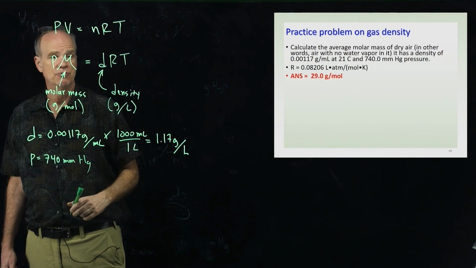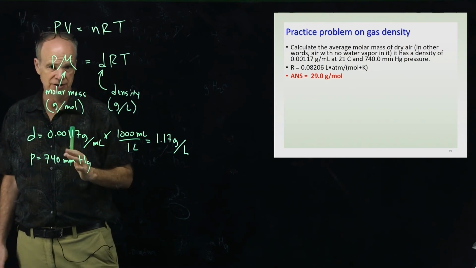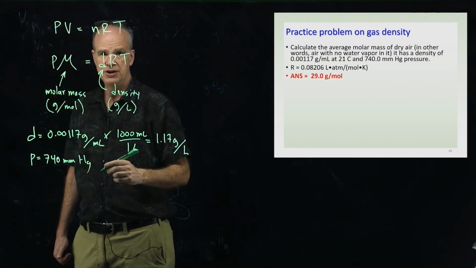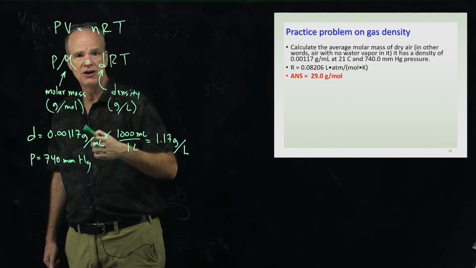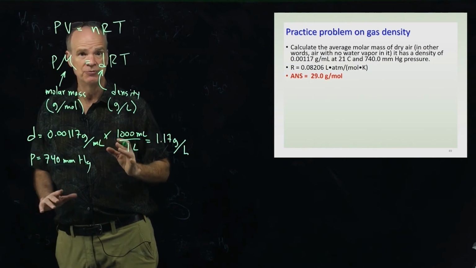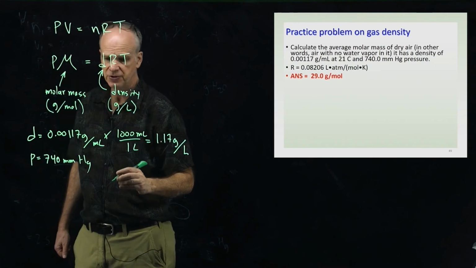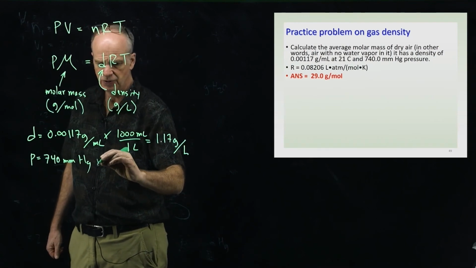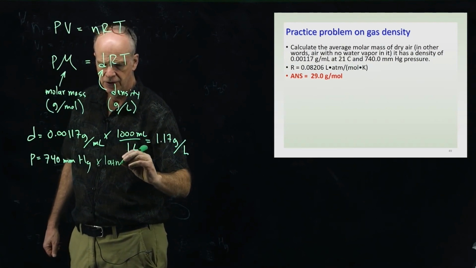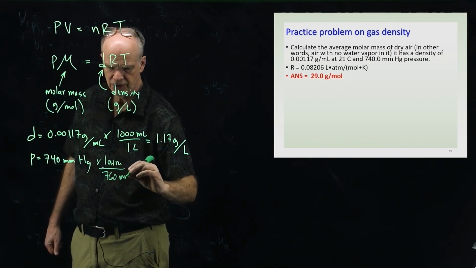Okay, so when we use the equation PM equals dRT, we have to get the pressure into atmospheres. And the reason is because our value of R is still the same. Our value of R is in liters, atmospheres, moles, degrees Kelvin, so the pressure here must be in atmospheres. So it's going to be 740 millimeters of mercury times 1 atmosphere over 760 millimeters of mercury.